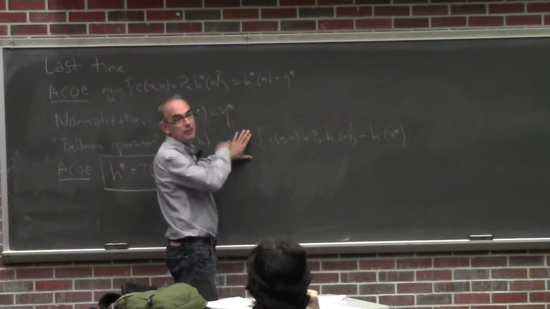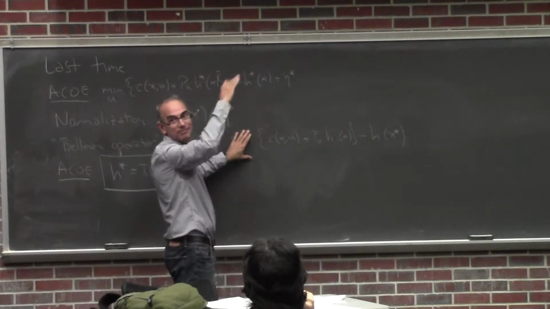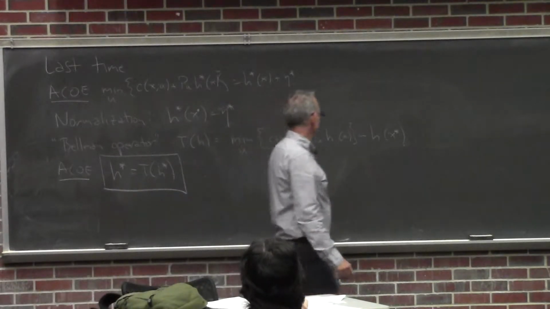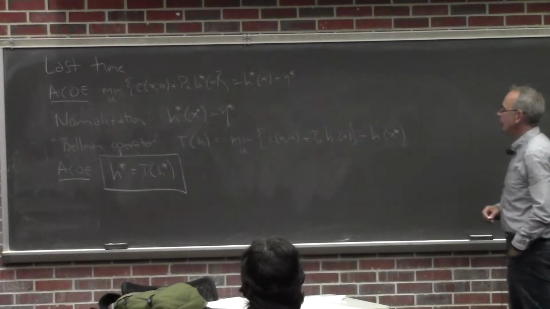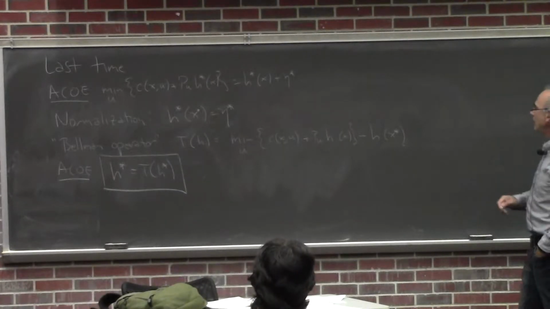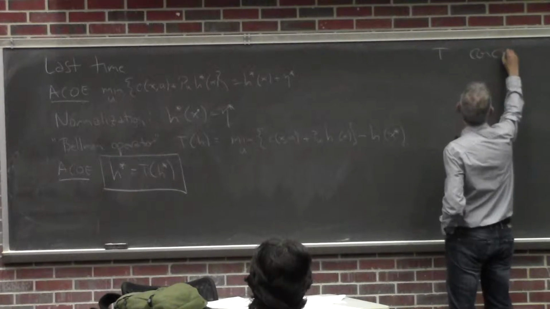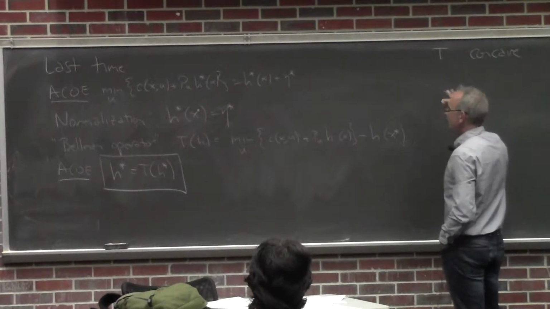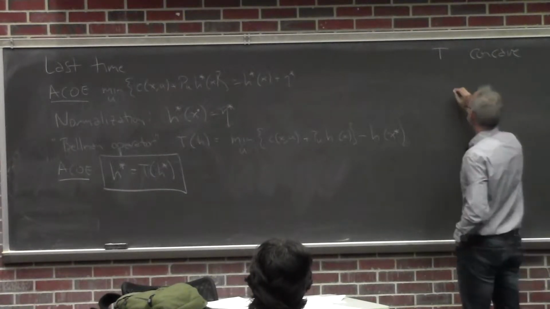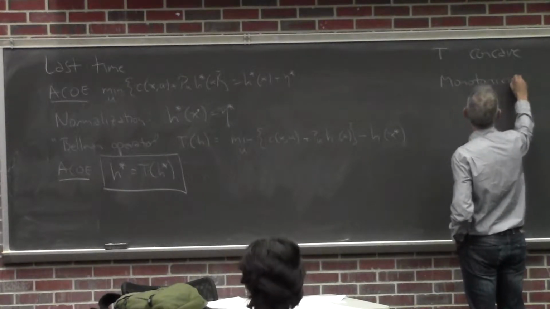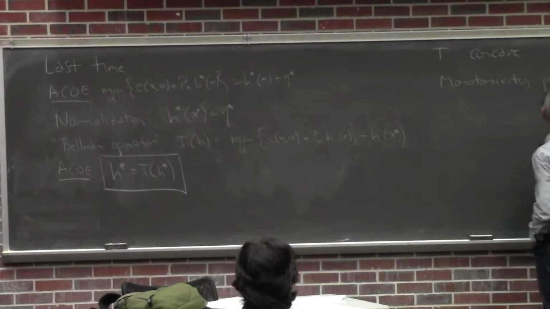And a minimum of linear functions is concave. So T is concave, and it satisfies some monotonicity properties, which I'm not going to get into.